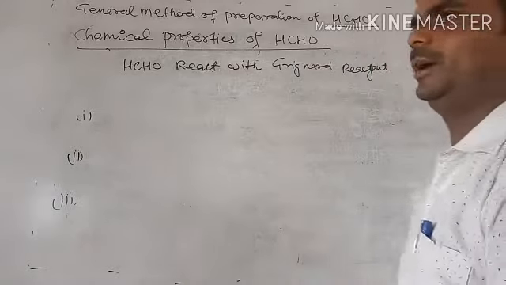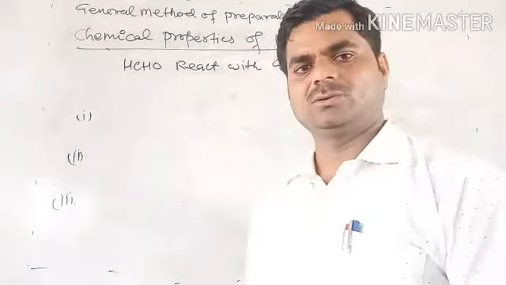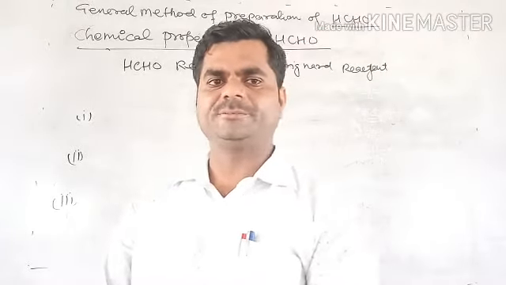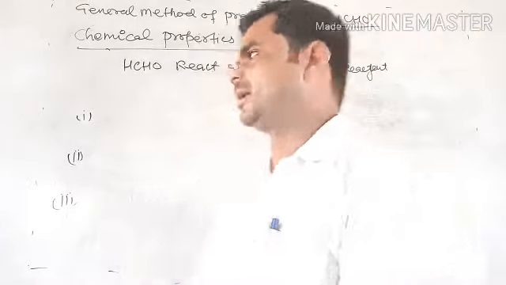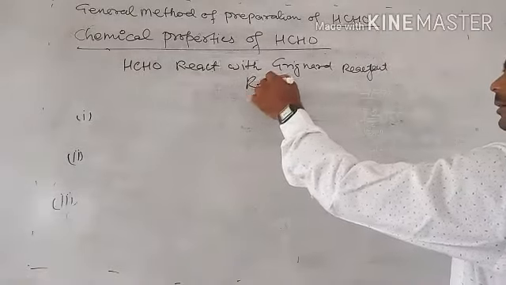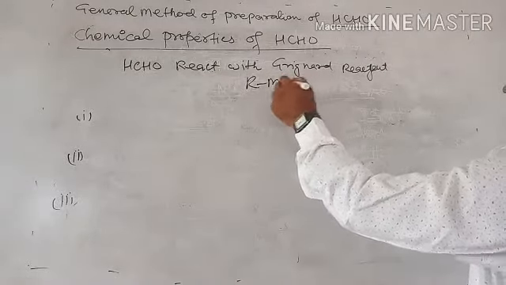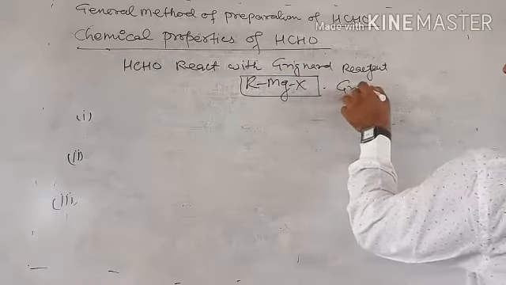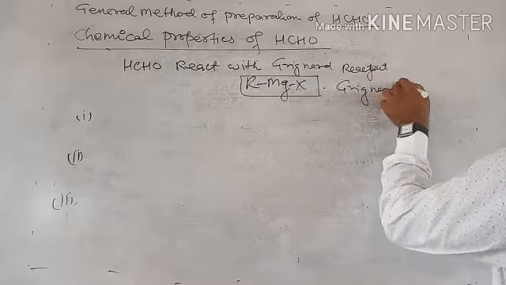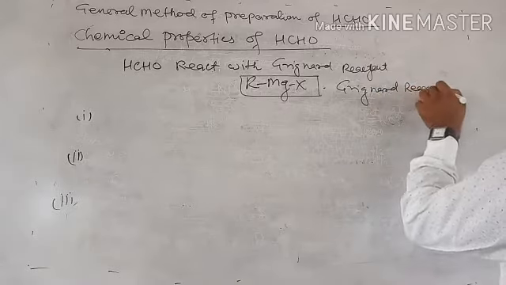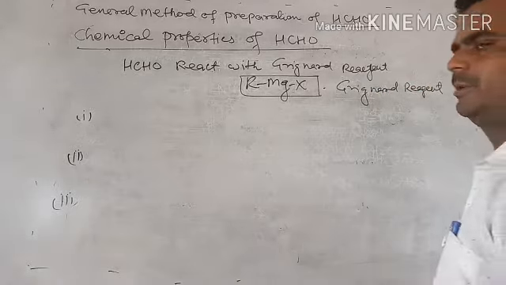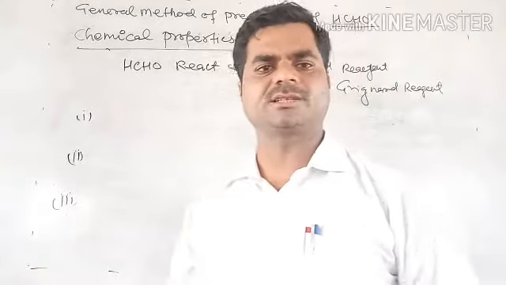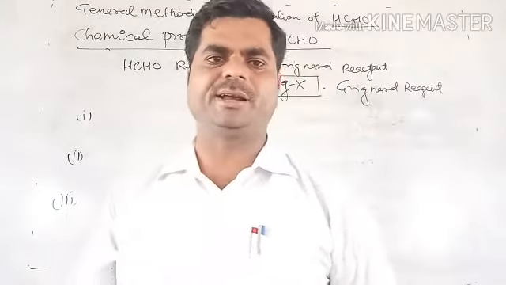When formaldehyde reacts with Grignard reagent, all of you know very well what a Grignard reagent is. It means alkyl magnesium halide, RMgX. RMgX is called Grignard reagent. Alkyl magnesium halide is called Grignard reagent, where X equals a halogen atom, just like fluorine, bromine and iodine.